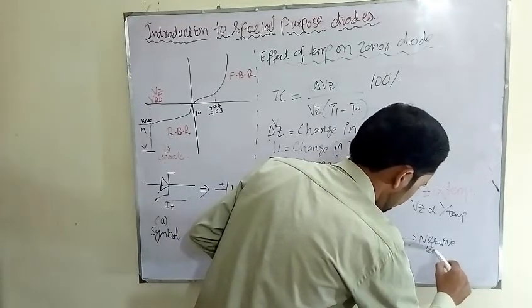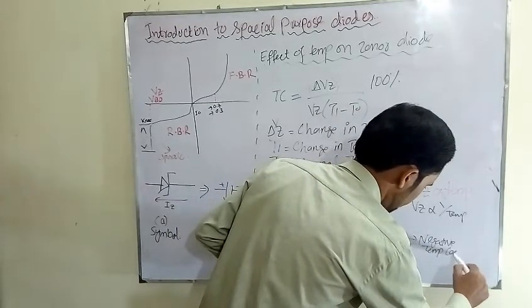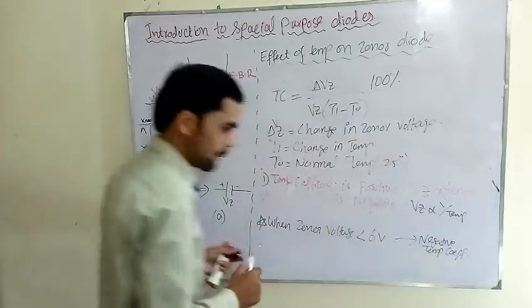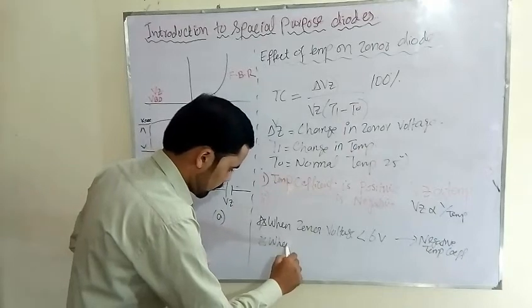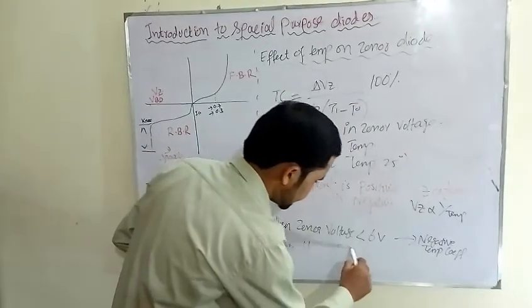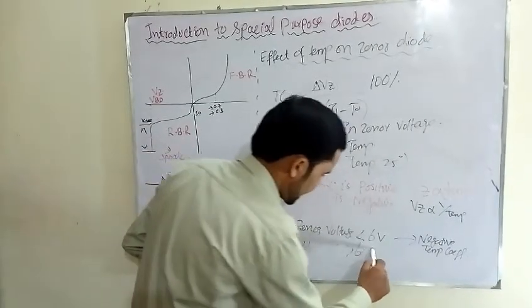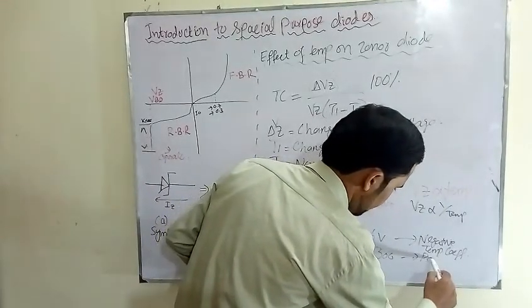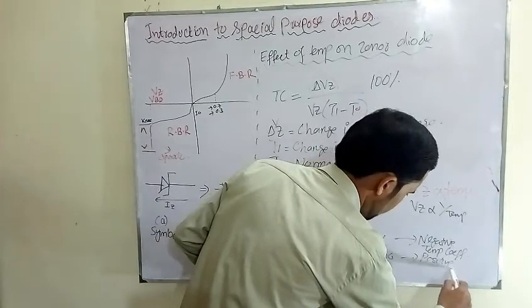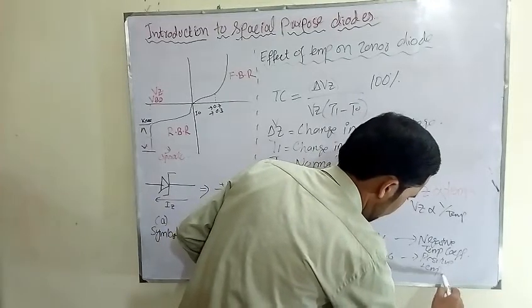The second point is when Zener voltage is greater than 6 volts and less than 300 volts, it has a positive temperature coefficient.